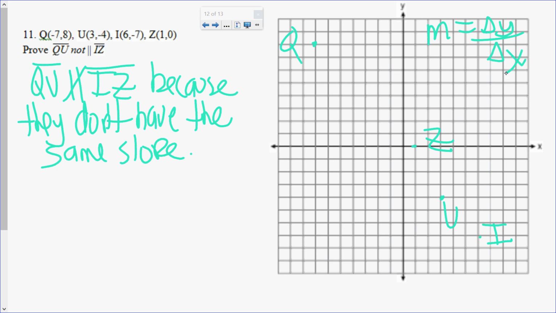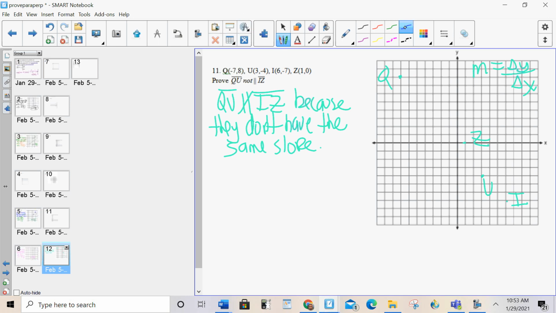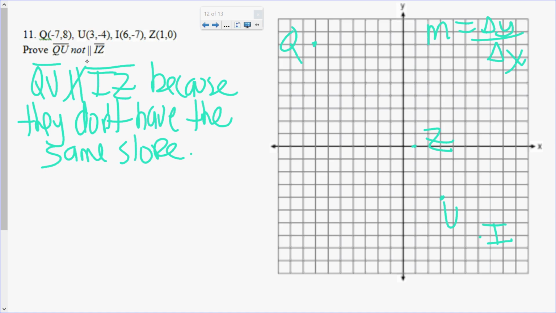QU, oh, this is a lot of counting. I'm going to go to a deeper, sharper color. QU, down 1, 2, 3, 4, 5, 6, 7, 8, 9, 10, 11, 12, over 1, 2, 3, 4, 5, 6, 7, 8, 9, 10.